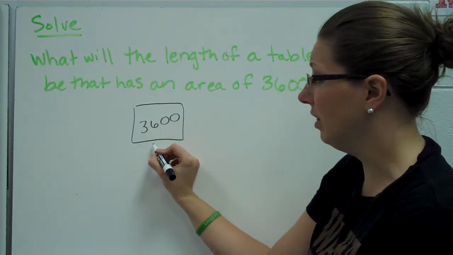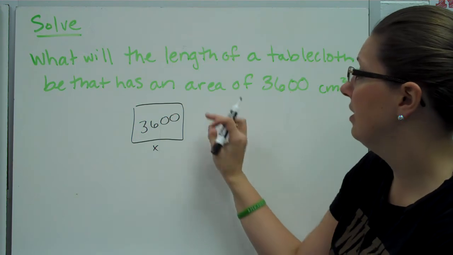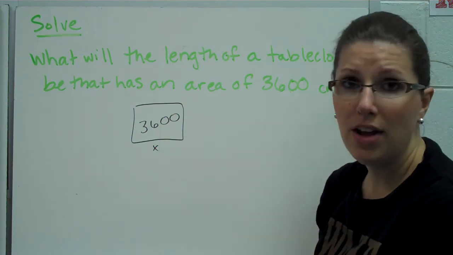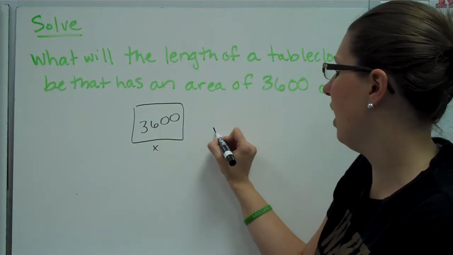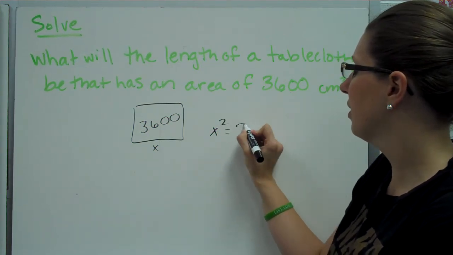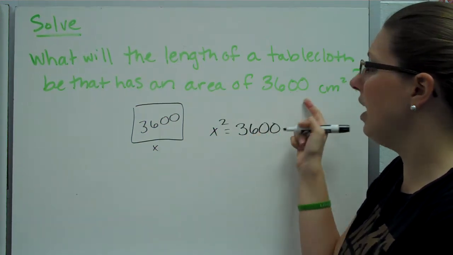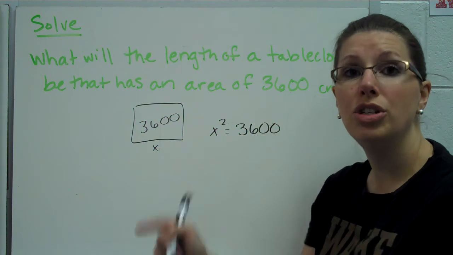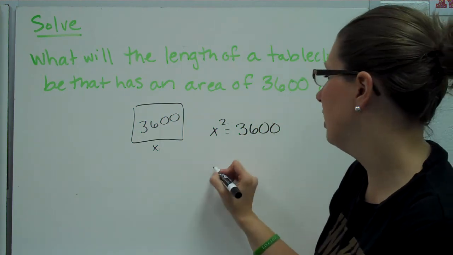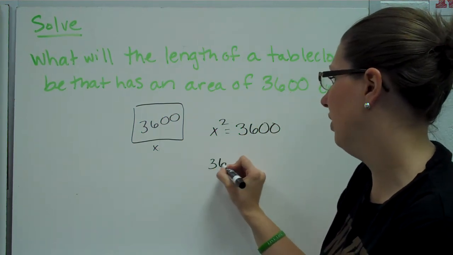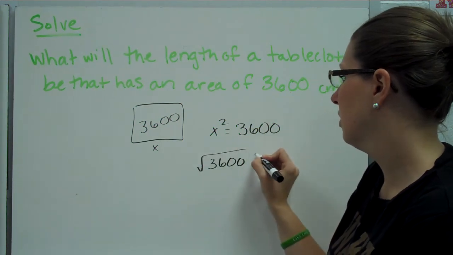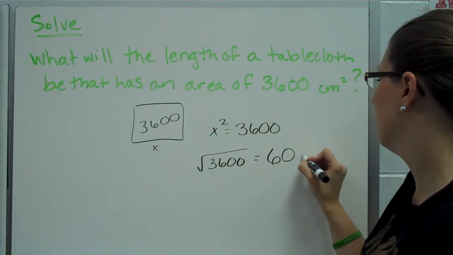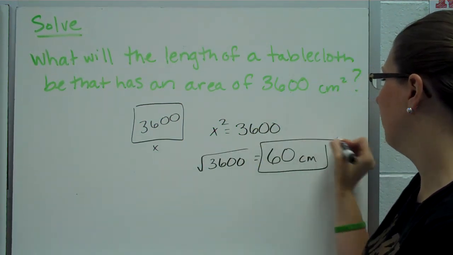I need to know what the length is. And so to find the area of a square, I normally do side squared, and that would give me the area. So let's undo squaring, which is the same as taking the square root. And that will give me my answer.